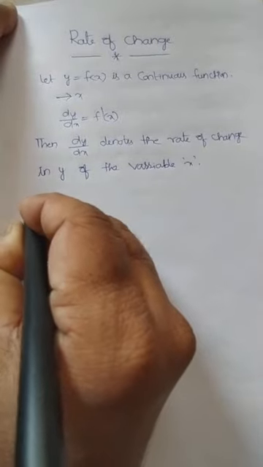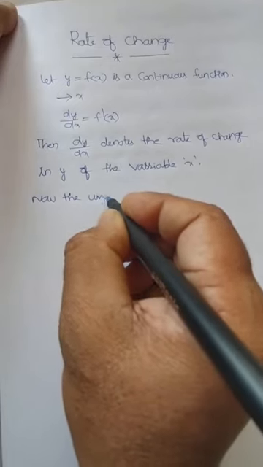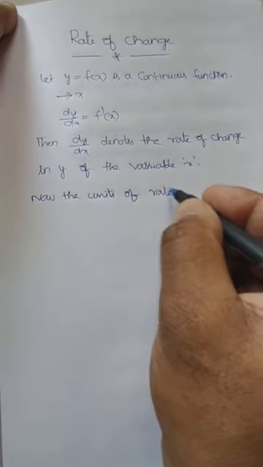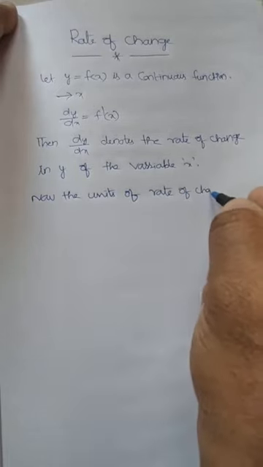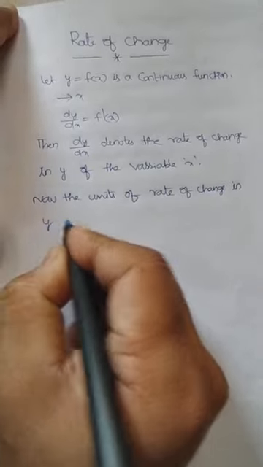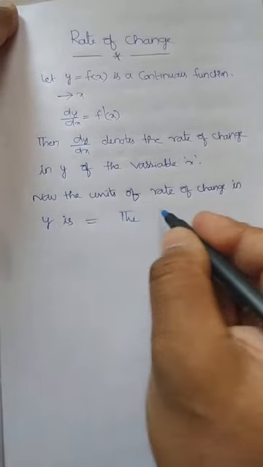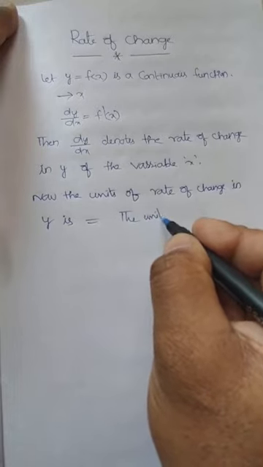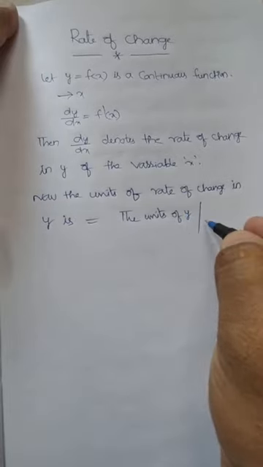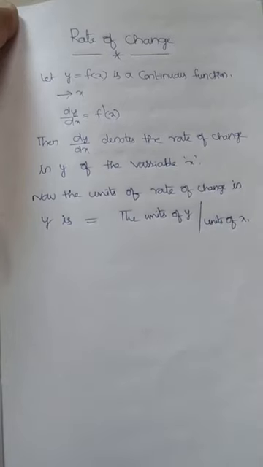Now the units of rate of change in y equal the units of y per units of x.